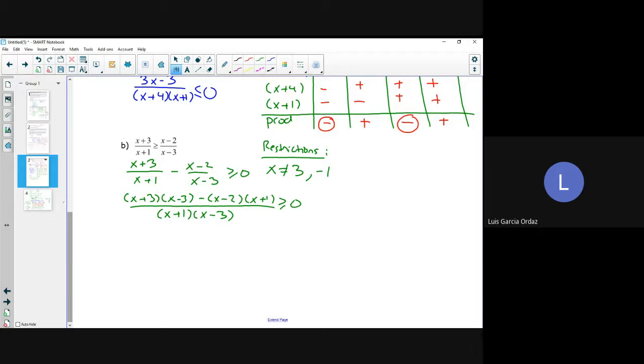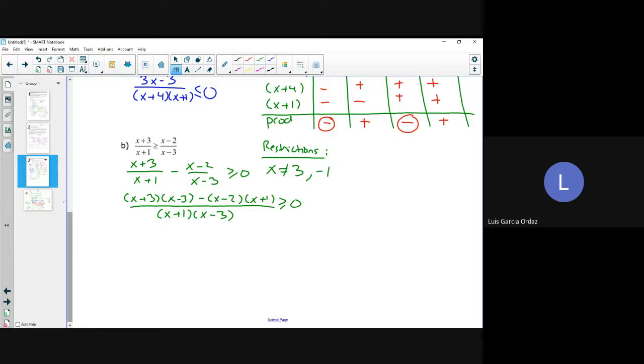So now all that's left to do is to FOIL the expressions, or multiply the brackets with each other, and then just expand and simplify, okay? So remember, you're only expanding and simplifying for the numerator, not the denominator, because it's already simplified, okay?